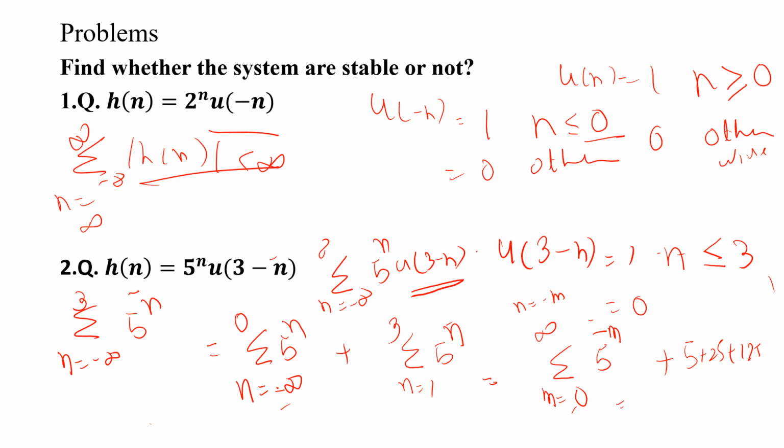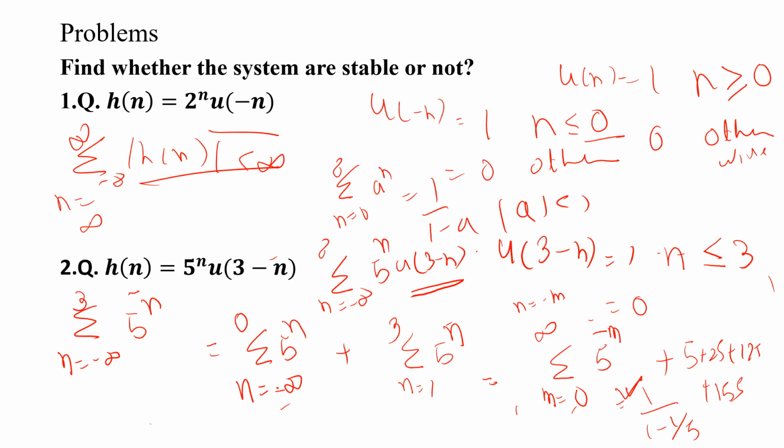So it will be 1 by 1 minus a, because we know that summation of n equal to 0 to infinity of a to the n is 1 by 1 minus a, under the condition that a should be less than 1. So it will be 1 by 1 minus 1 by 5, plus these values 5 plus 25 plus 125, which is 155. It is a finite value, not infinite. So yes, finite.